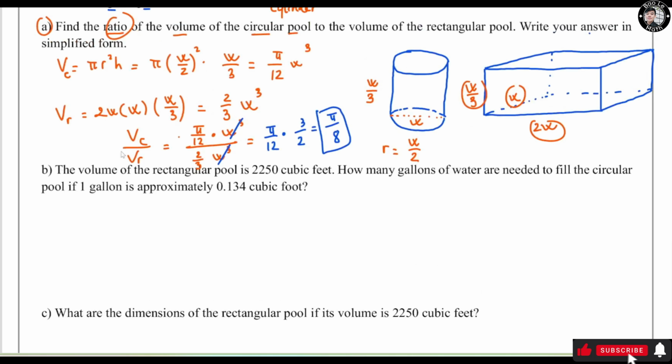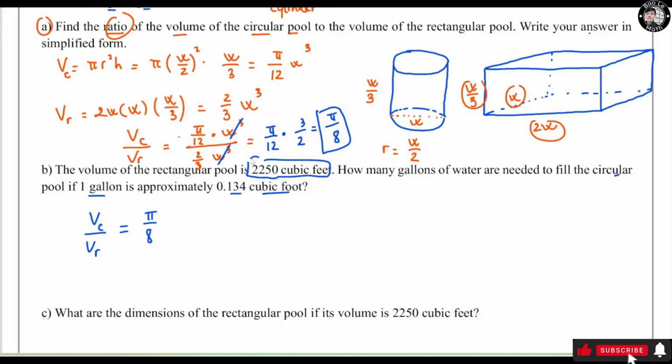Now question B. The volume of the rectangular pool is 2250 cubic feet. How many gallons of water are needed to fill the circular pool if 1 gallon is approximately 0.134 cubic foot? So we have VC divided by VR equals pi over 8, which is calculated above.